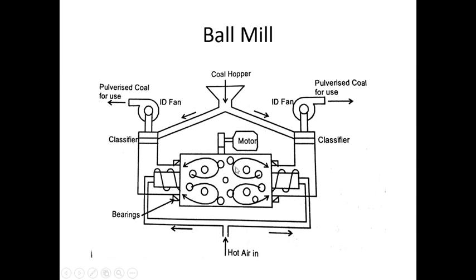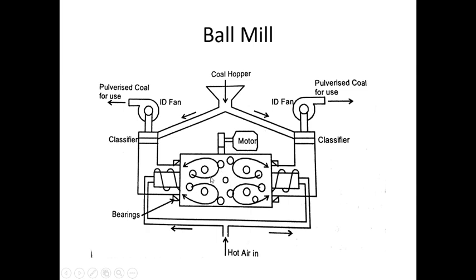drum. Actually, this is a rotating drum, and this will be continuously rotating with the help of a motor. A motor is fixed to a gear, and this gear will be on the surface of the drum, which will be continuously rotating this drum.